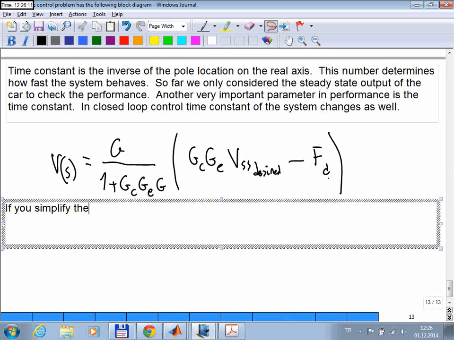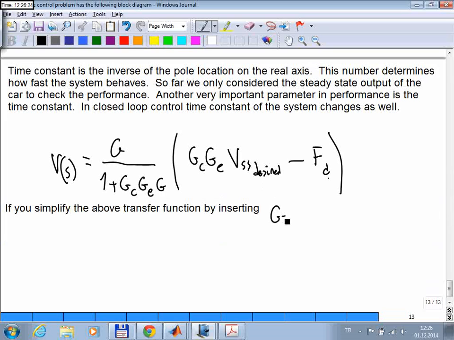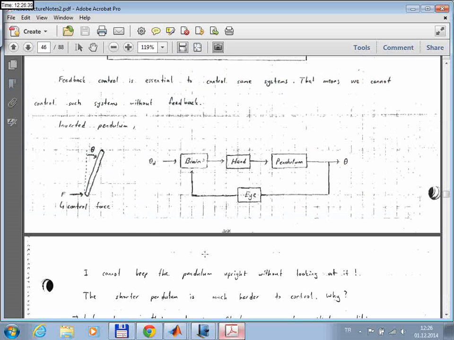you simplify the above transfer function by inserting etc., what we get is, so there should be somewhere here.